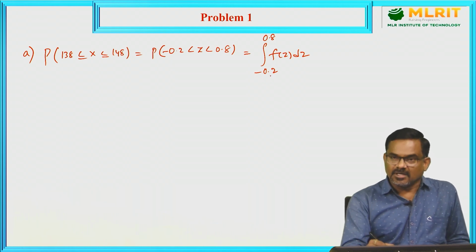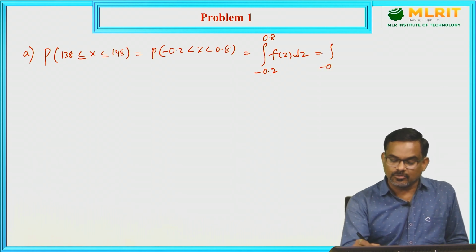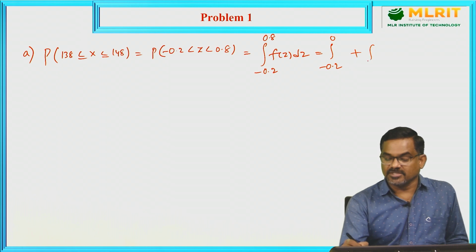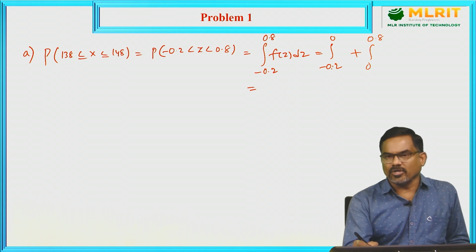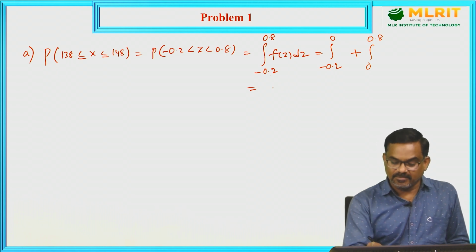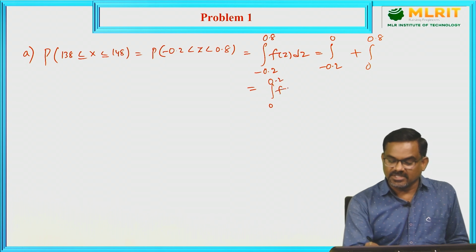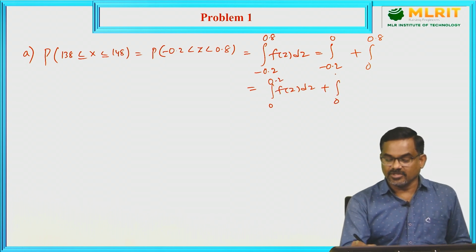Since 0 lies between the negative and positive values, we can split this into two parts, minus 0.2 to 0 plus 0 to 0.8, and we know that the corresponding positive portion and negative portion are the same. So this minus 0.2 to 0 is equal to 0 to 0.2 since the normal curve is symmetric, and then 0 to 0.8.